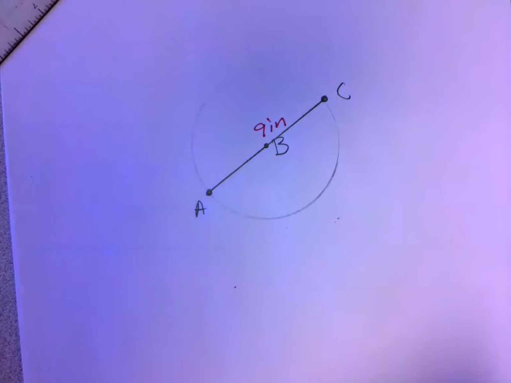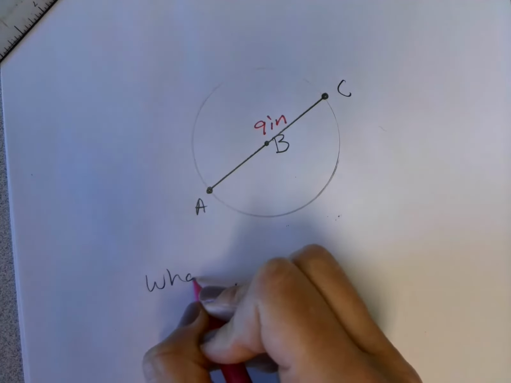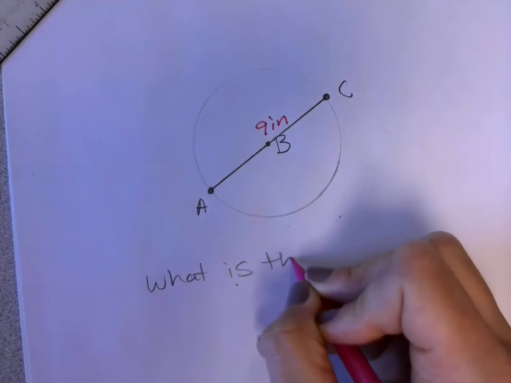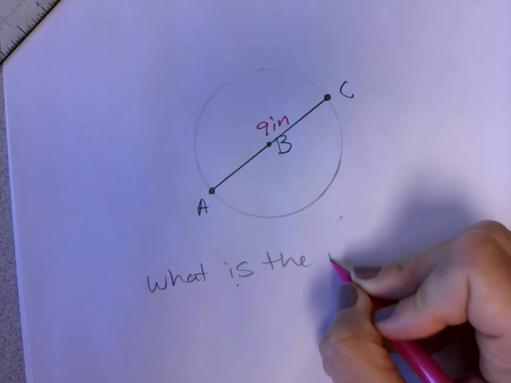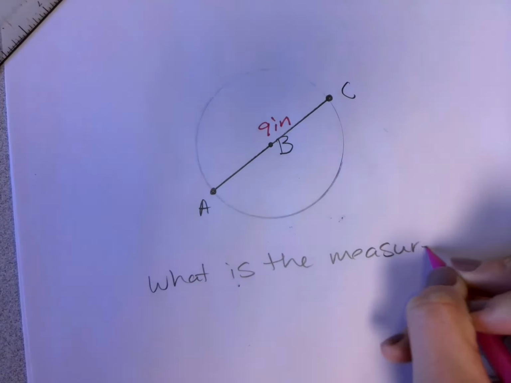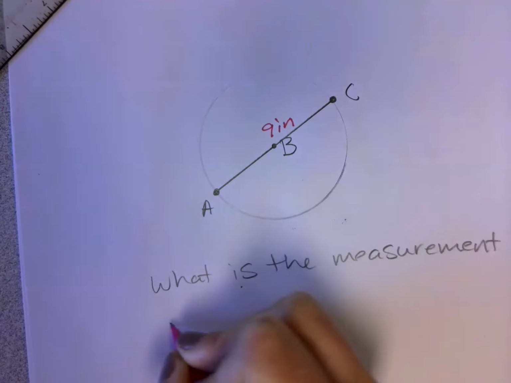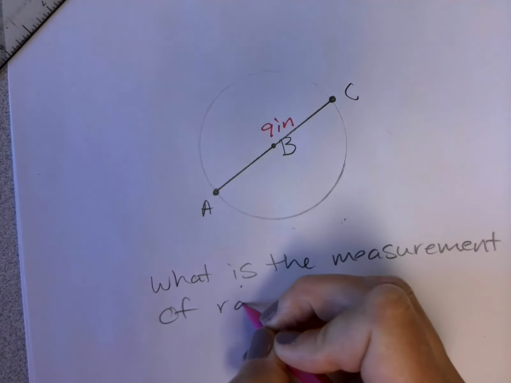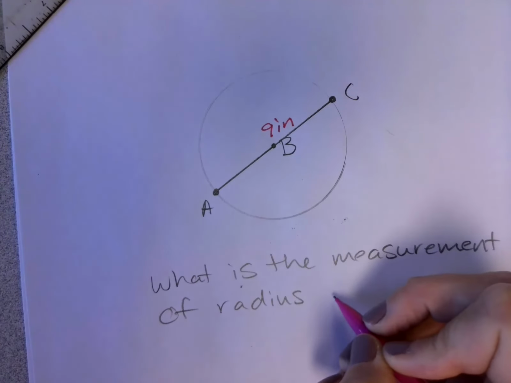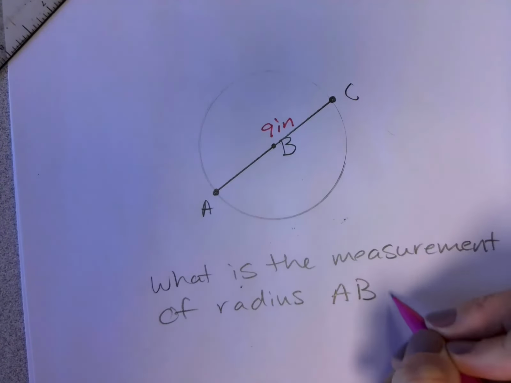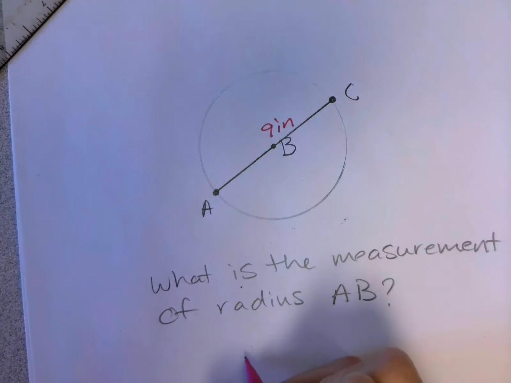The diameter was 9. Then what would be the measurement of radius AB?